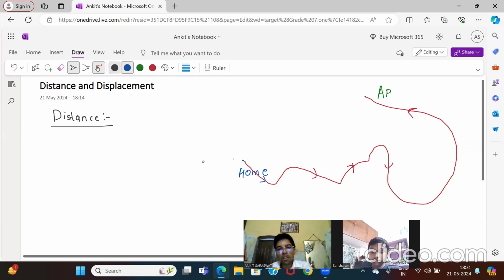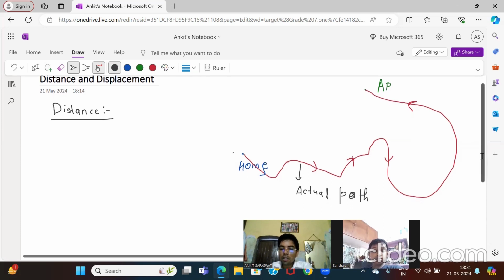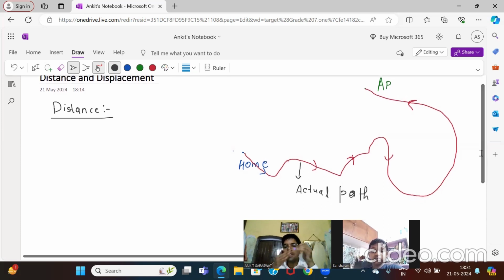So this is the actual path, which is the path that is traveled by your car. Actual path is basically the path which is taken by your car. You are driving your car by this path.